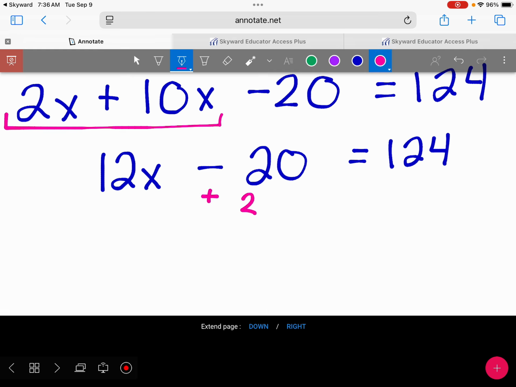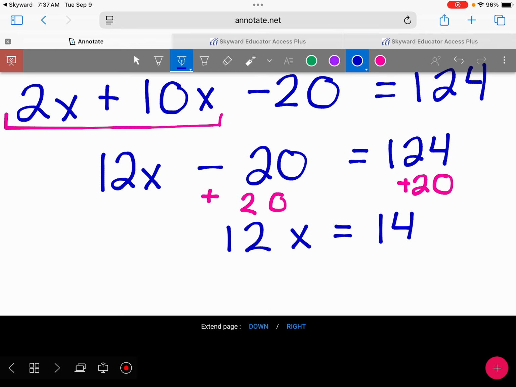Absolutely right. I want to get down to an x equals, which means I need all my numbers to go to the other side. So that's going to leave us with 12x equals 144.